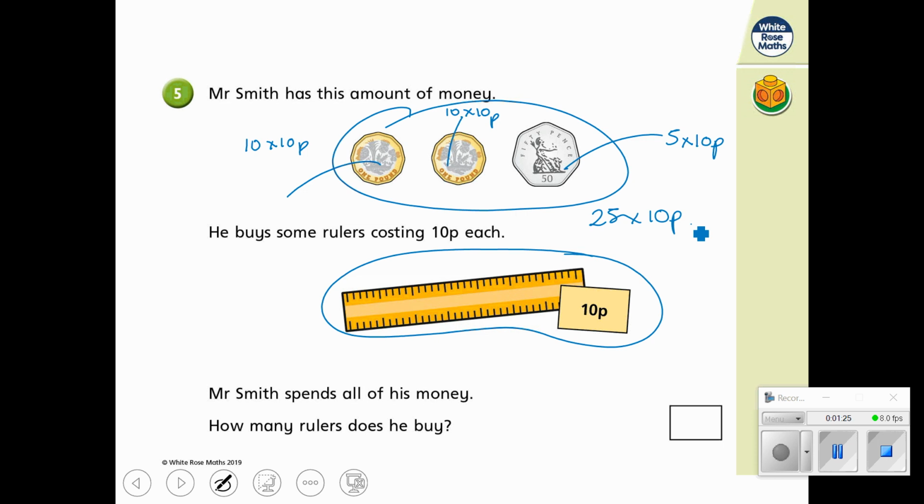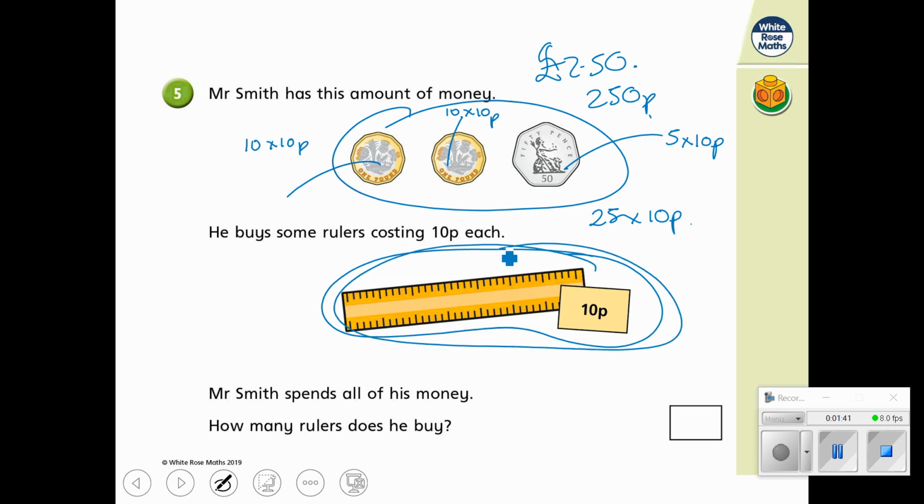Could also say I've got £2.50 or 250 pence. Okay, so if I have 25 10p's, each of my 10p's will buy a ruler, which means in total I can buy 25 rulers.